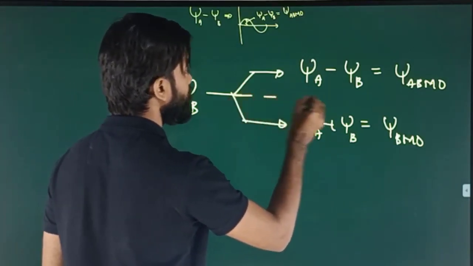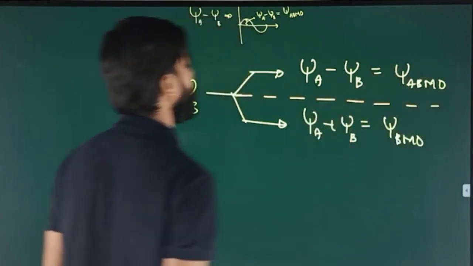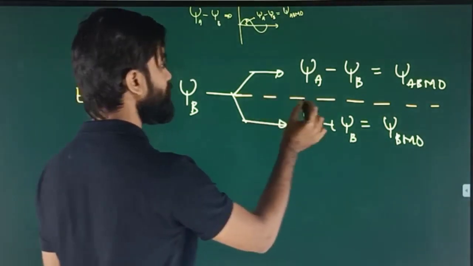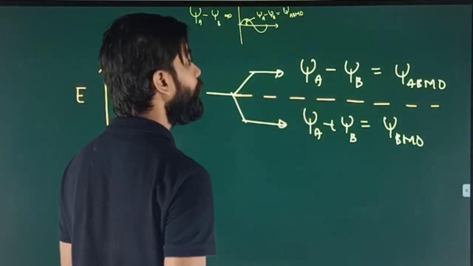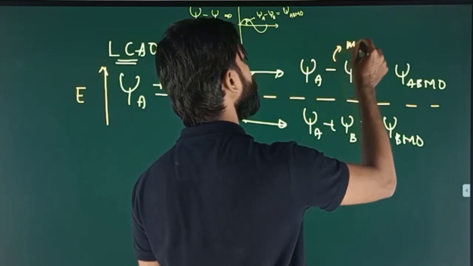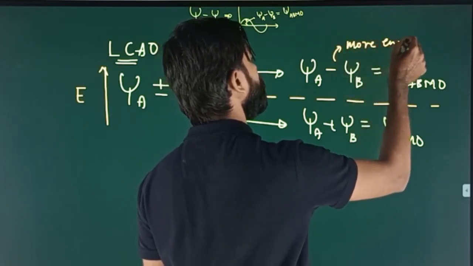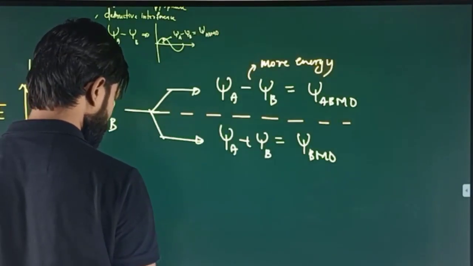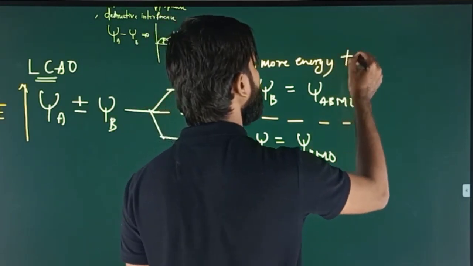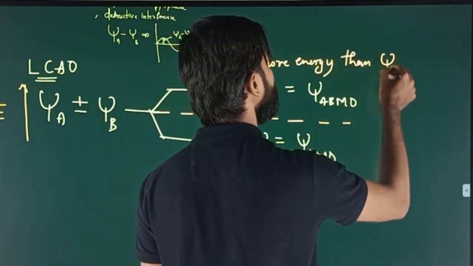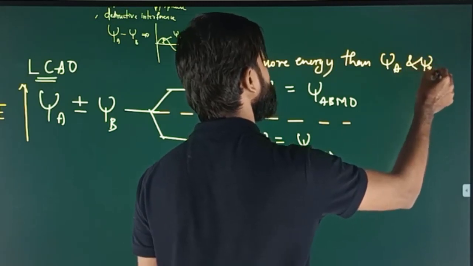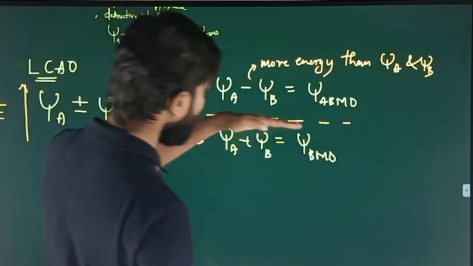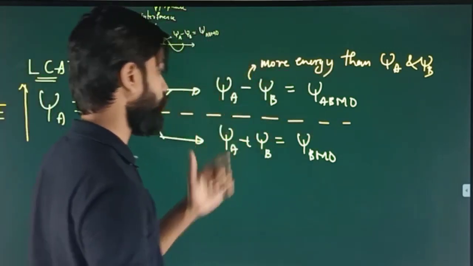And what is the speciality? If you consider the energy here, if this is the energy of psi A and psi B, then the antibonding molecular orbital has more energy than the individual psi A and psi B. The energy of the antibonding molecular orbital is much greater than the individual orbitals.